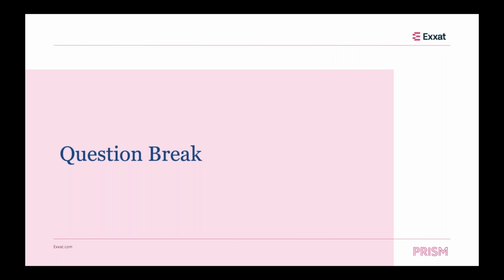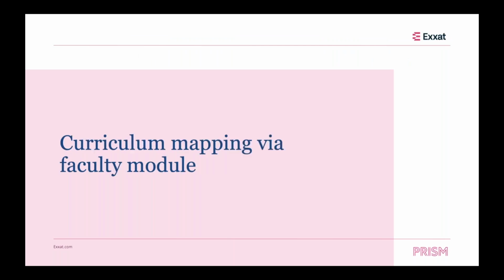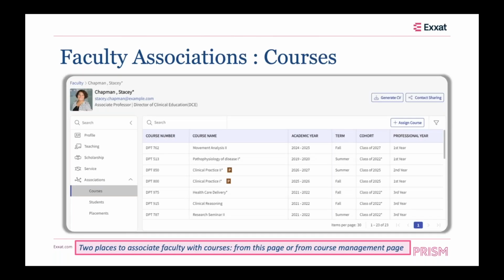All right, so I'll quickly tell you how a faculty would access it. If you have access to the faculty module, not the main module, then depending on what courses you are associated with, your administrator can tag you to courses where they want you to either manage or map those courses.